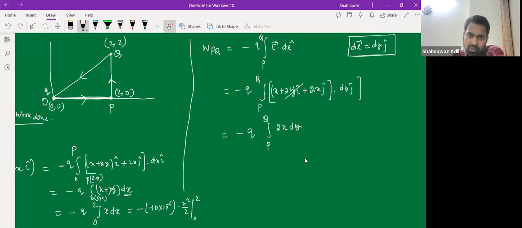Yes. Okay, so now this is in the form of dx, right? And this is dy. So what is the function? Is x varying in this case?